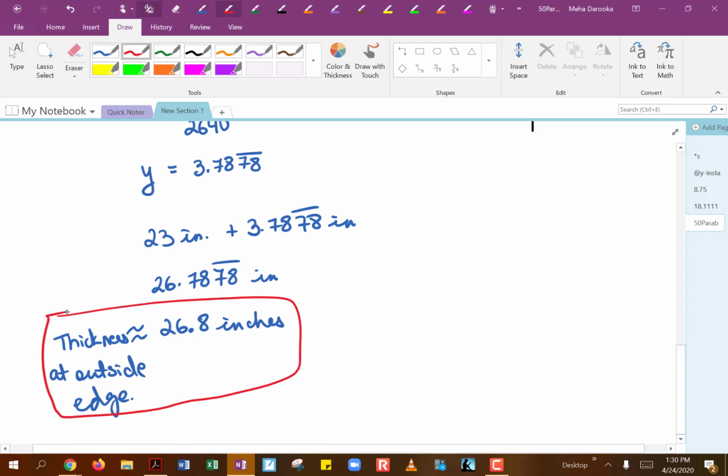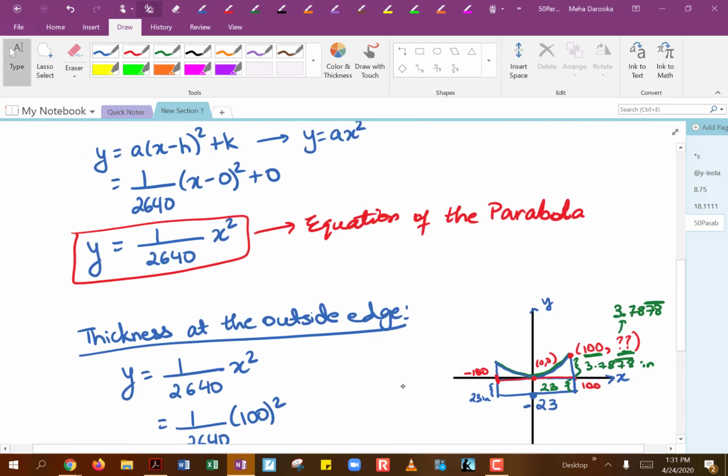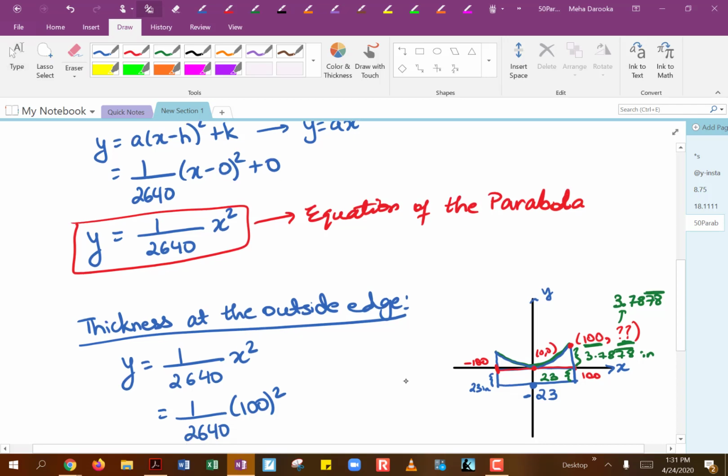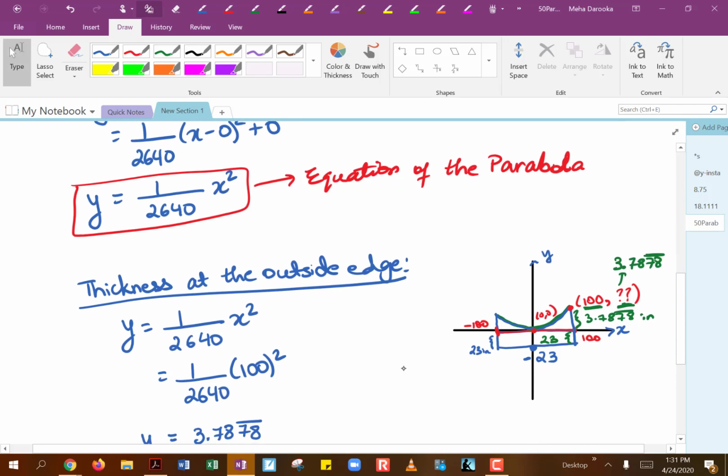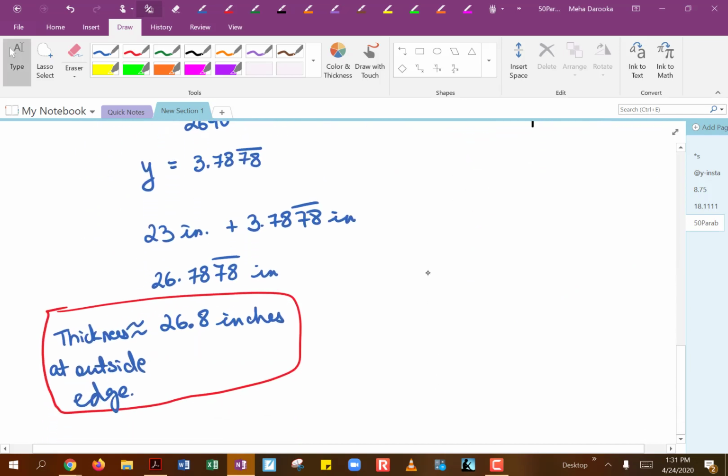Okay, so once you have that equation of the parabola, not only does it help us to figure out what the shape of our parabola is going to be, but as you can see, that also helped us calculate what that thickness of the parabola would come out to be. So you can see how this math works out in this case.